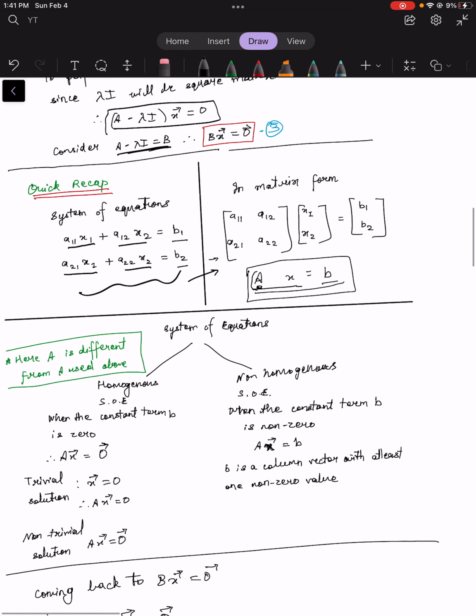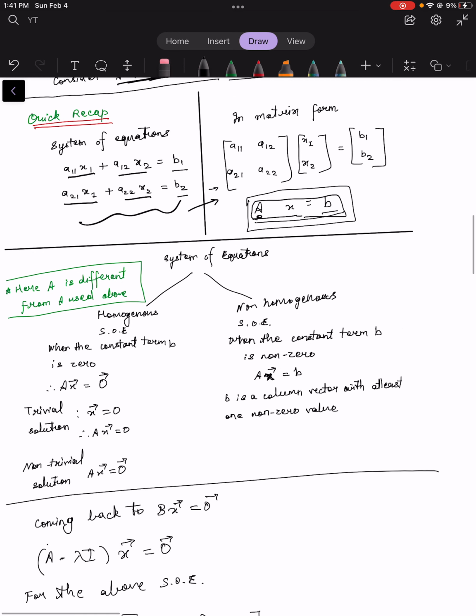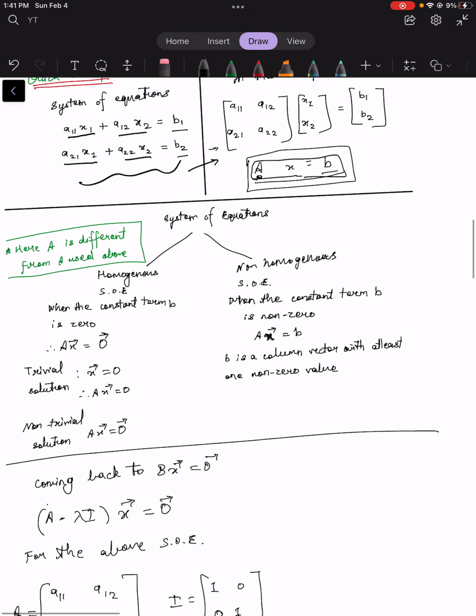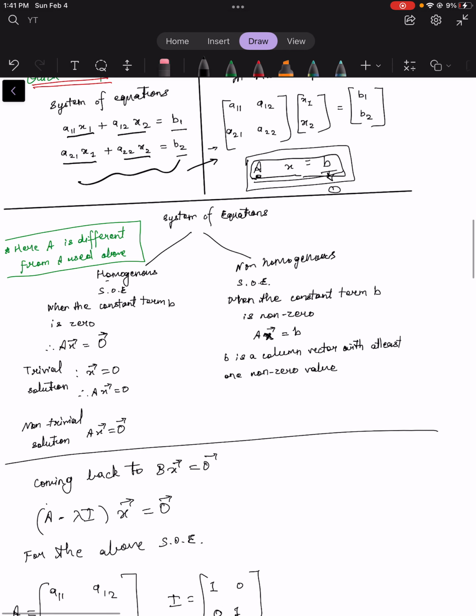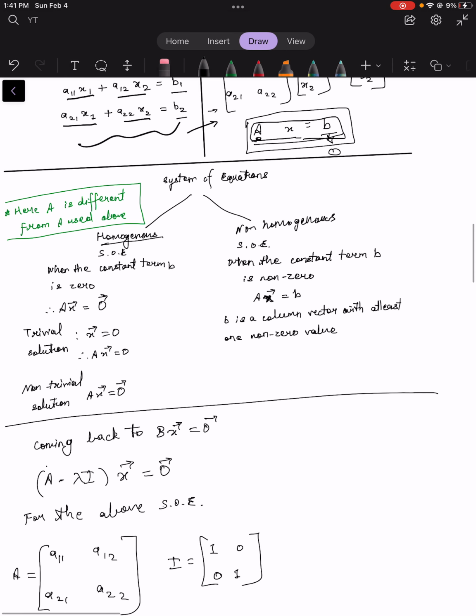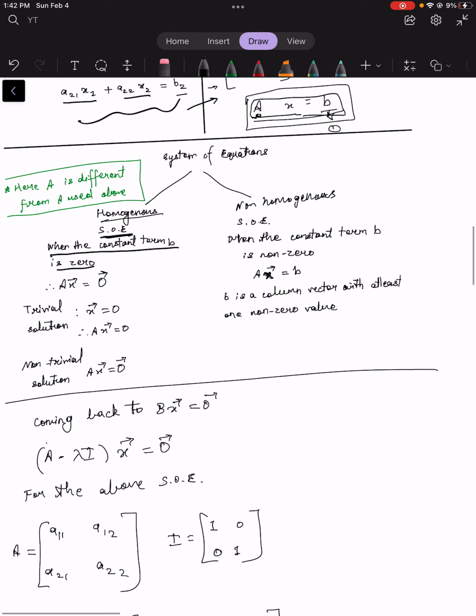I am just using this A to write the system of equations. Now elaborating further, when this constant term b becomes 0, we get a homogeneous system of equations, and the equation becomes Ax = 0.